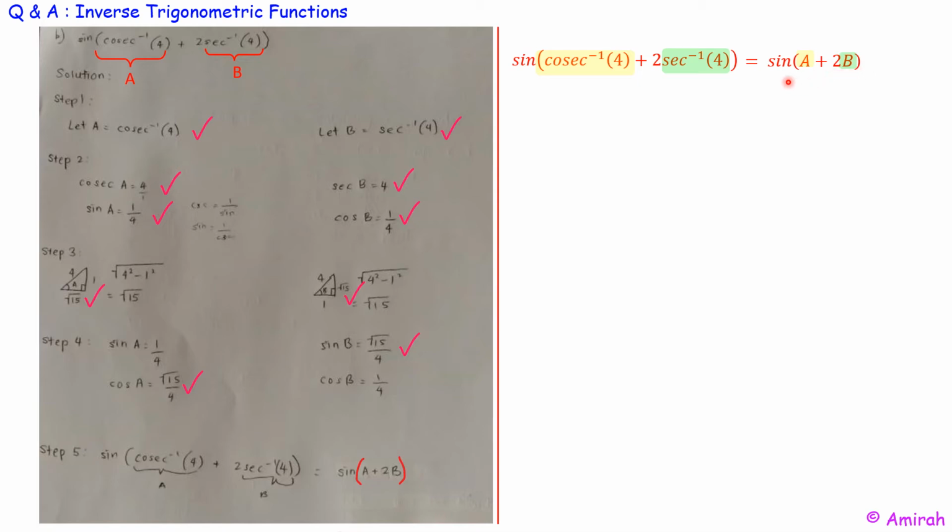Right. Sampai sini, kita tak boleh simply expand sin A plus sin 2B. Okay. Tapi dia ada formula dia. Kita panggil formula sum angle identity. Okay. Sin A cos 2B plus cos A sin 2B. Right. Kita dapat macam ni.